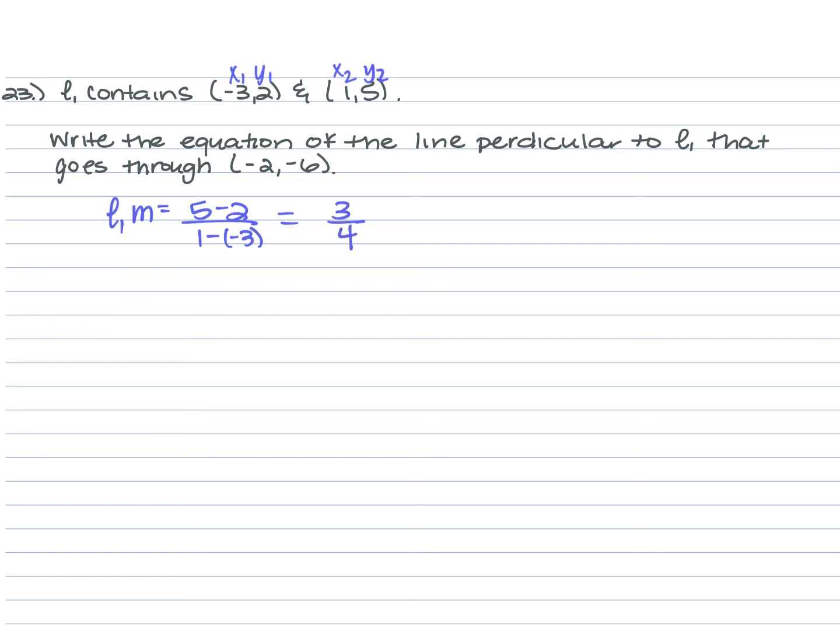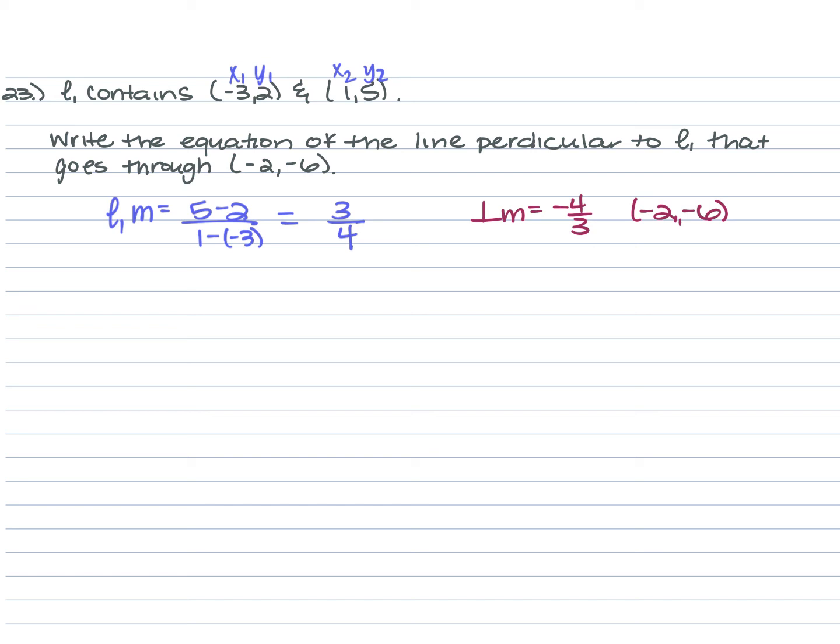If we're finding the line that's perpendicular to this, our slope for the perpendicular line is going to be what? 4 over 3. Positive or negative? Negative. Negative 4 over 3. It contains the point negative 2, negative 6 for that new line. Put this into point slope form.